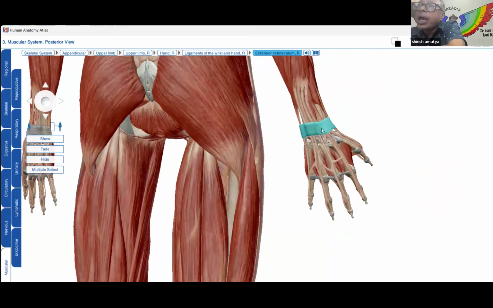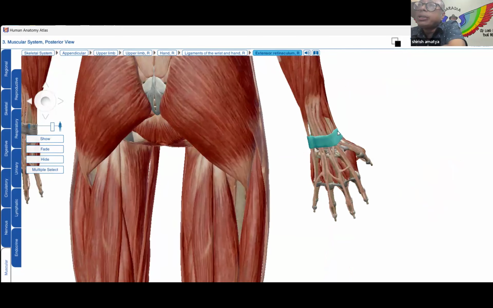From the extensor retinaculum, various septa come and get attached deep to the radius and ulna, and they form compartments, mainly 6 compartments, and through these 6 compartments all the extensor tendons go from the forearm to the hand.